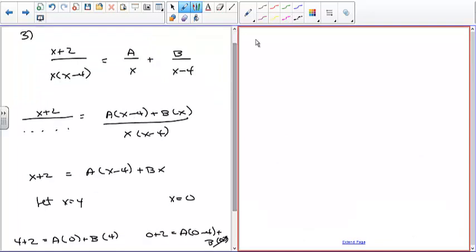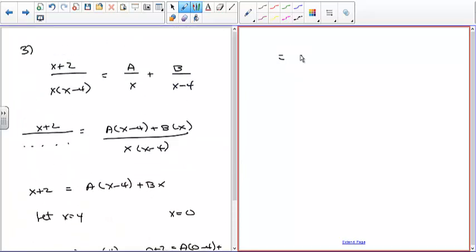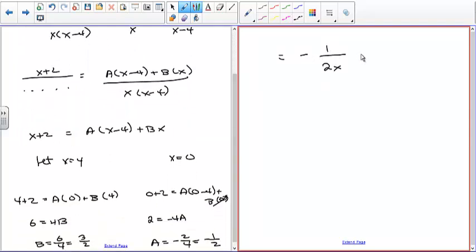So now you can see the final answers. We have a, which is negative 1/2. So put -1, and we'll put a 2 in the denominator. So there's the -1/2, and there's the x in the denominator. And then you have b, which is 3/2. So what we'll do is 3 over 2 times x minus 4.